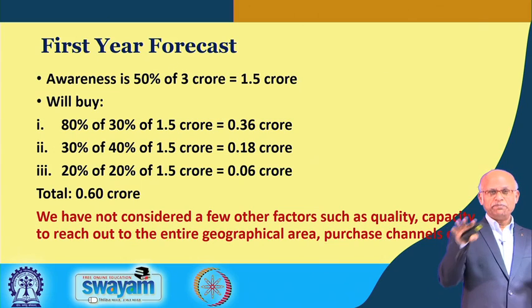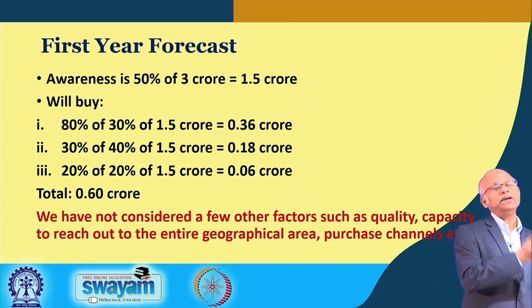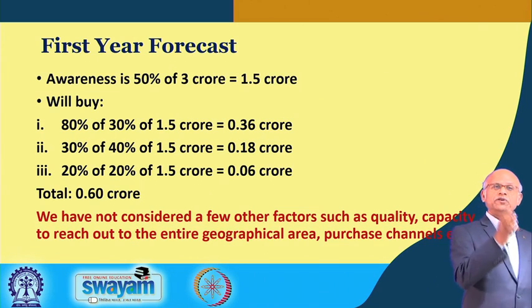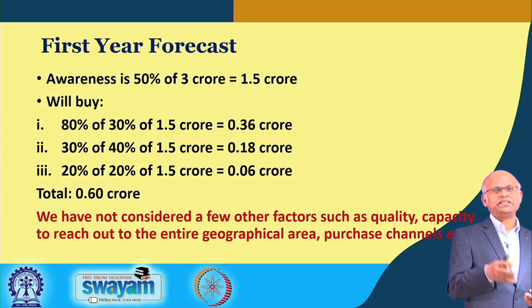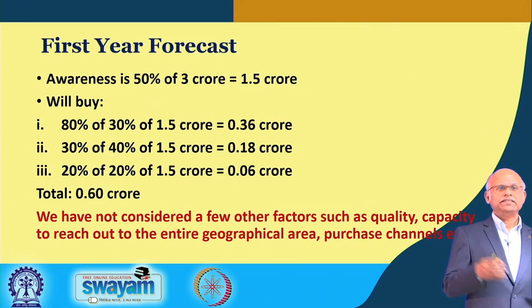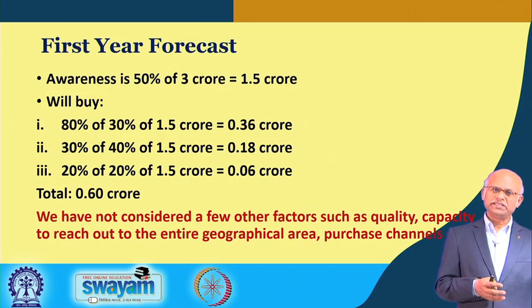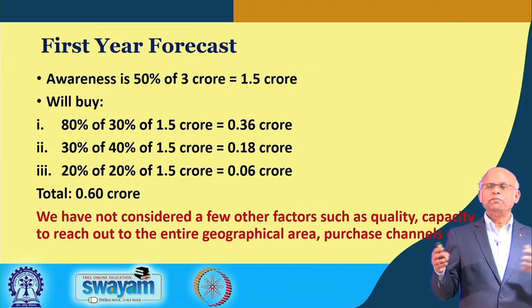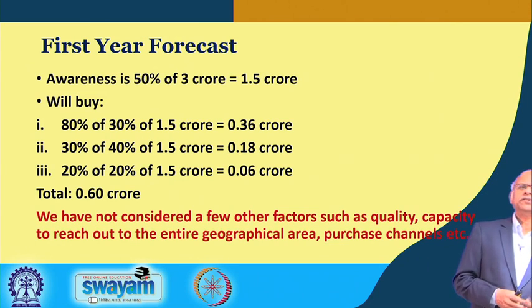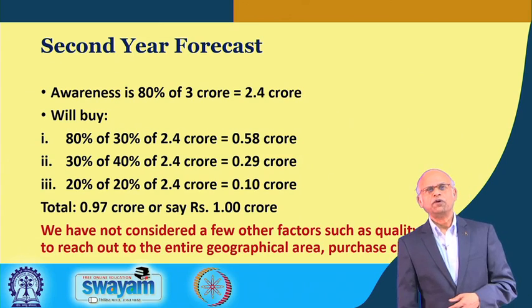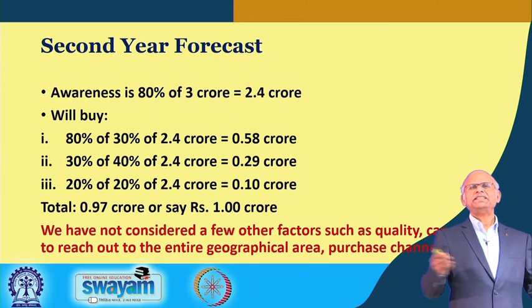So, several other factors may have to be factored in, maybe it will be 90% of 80% of 30%, something like that. Then again geographical area, what percentage, and purchase channel, meaning how many people are accessible to the channel that you are offering. Second year forecast.